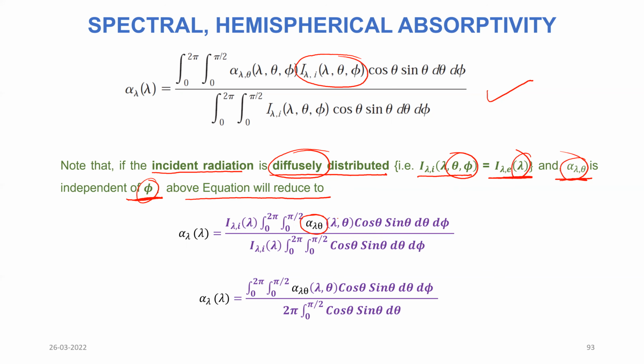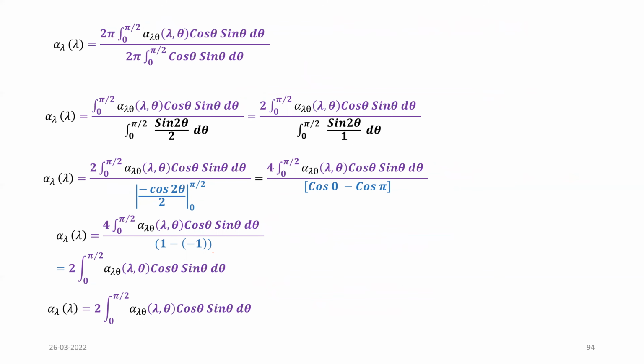So it is independent of phi. So d phi can be integrated over this range from 0 to 2 pi, leaving cos theta, sin theta, d theta. In the denominator also I lambda I has been taken out, so alpha lambda theta cos theta d theta d phi, and I lambda I cancels out. Then we can integrate this equation.